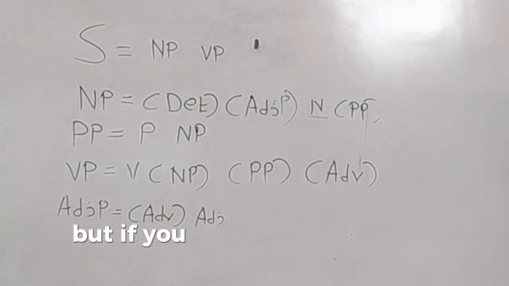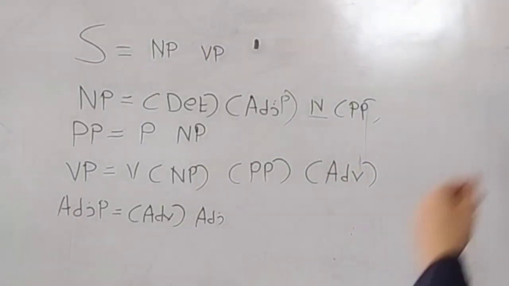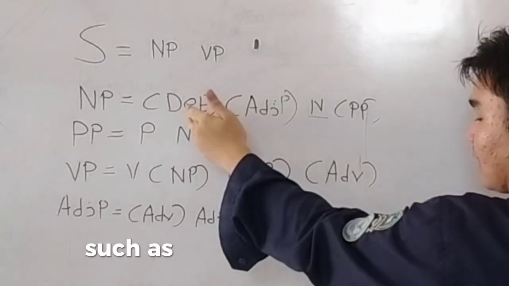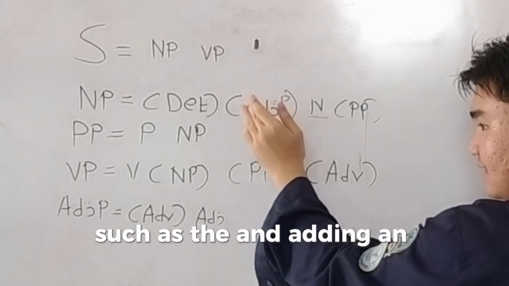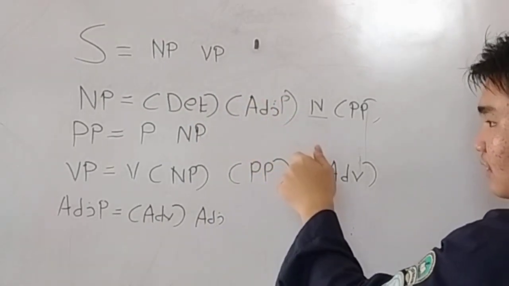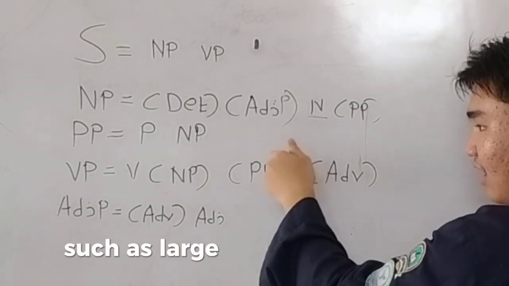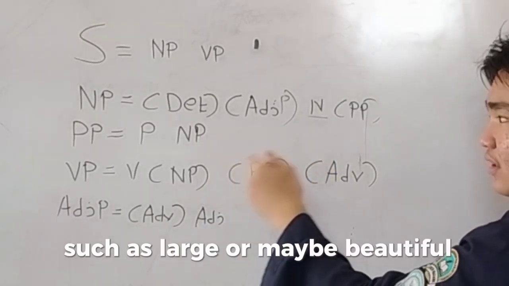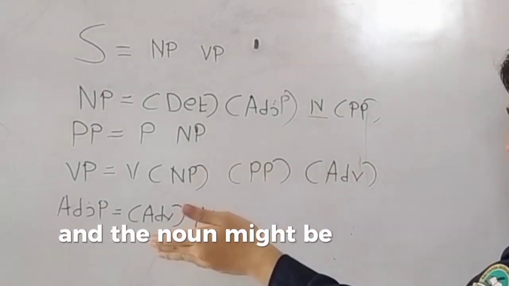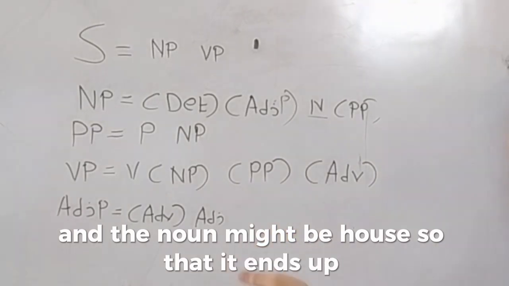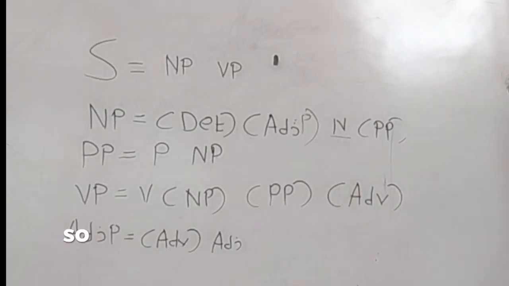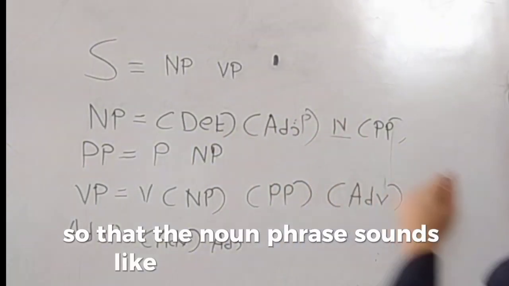But you can make it longer by adding a determiner such as the, and adding an adjective such as large or maybe beautiful, and the noun might be house, so that the noun phrase sounds like the beautiful house.